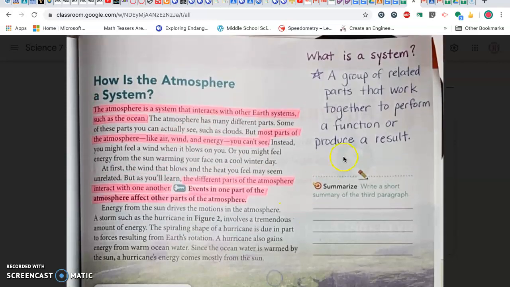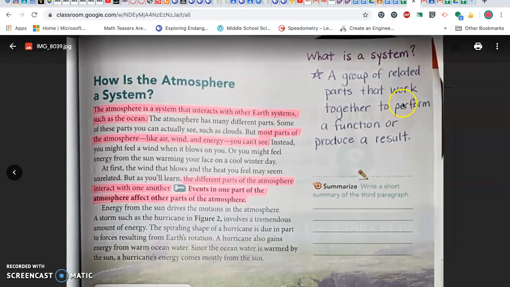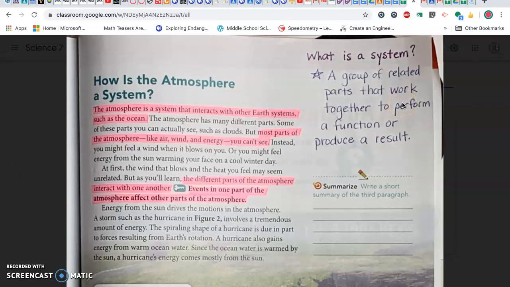So again, I wanted to reiterate what a system is. A system is just going to be a group of related parts that work together, and those related parts either perform a function or produce a result. And so the atmosphere is a system in and of itself, but it also is part of a larger system of just how the Earth operates.